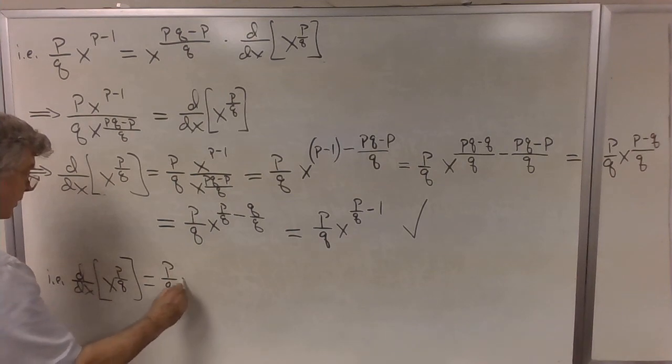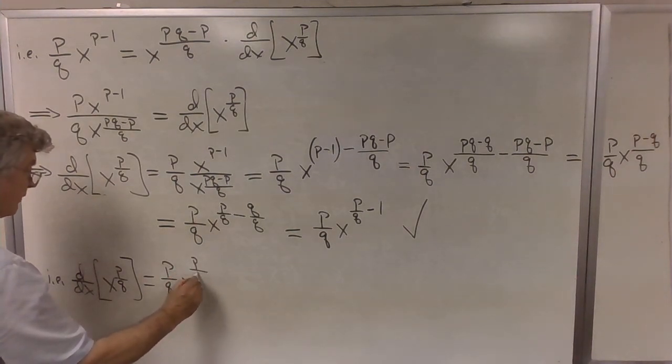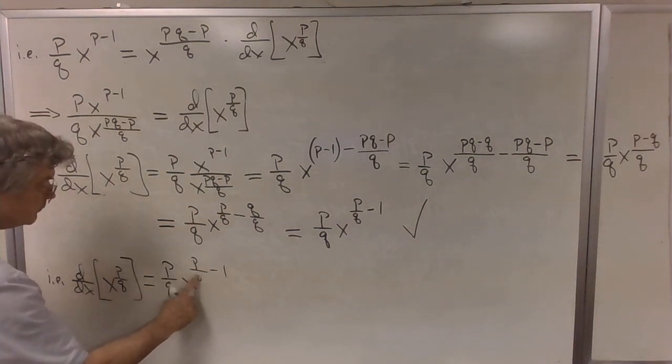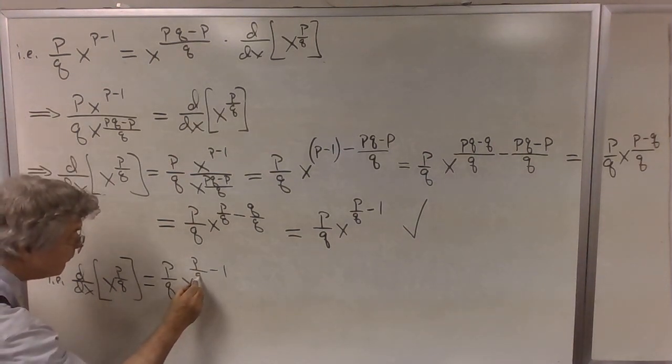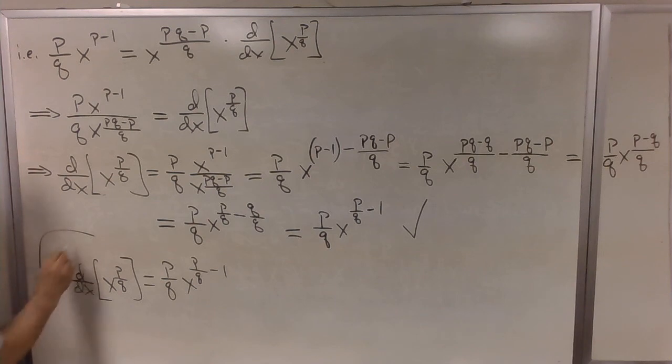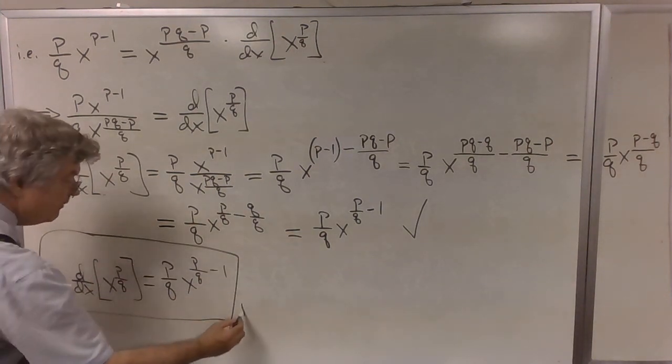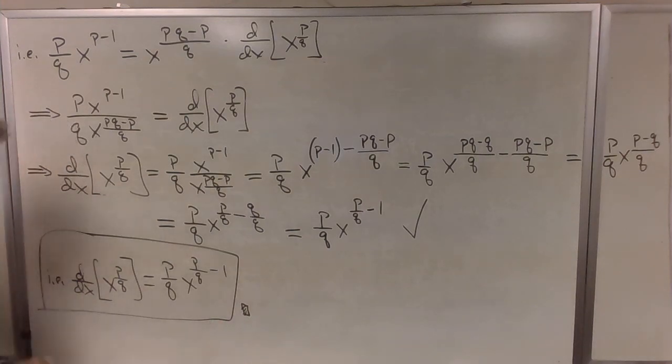P over q, x to the p over q minus 1. So we have proved the power rule for all rational exponents.